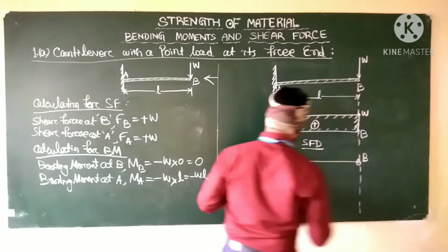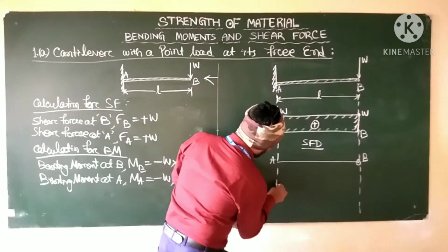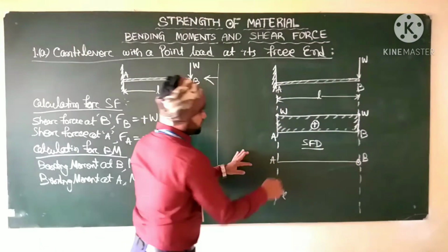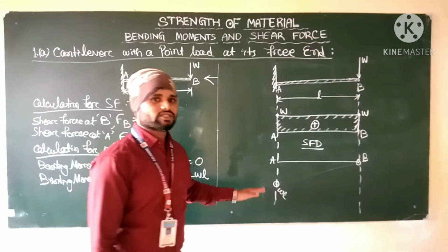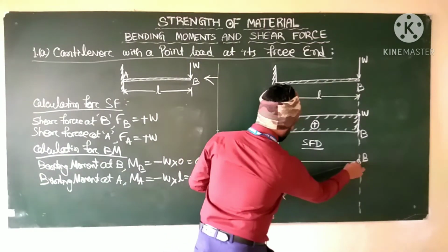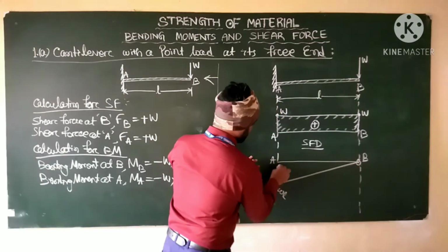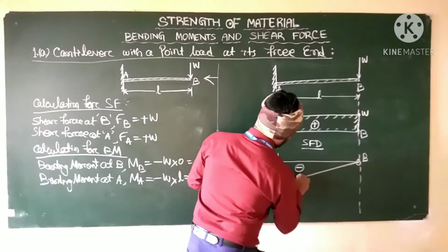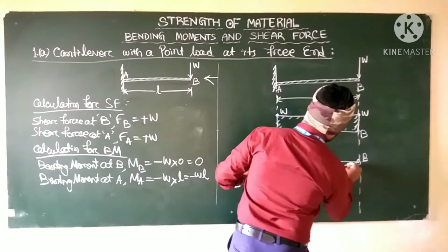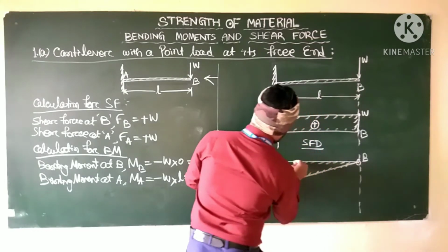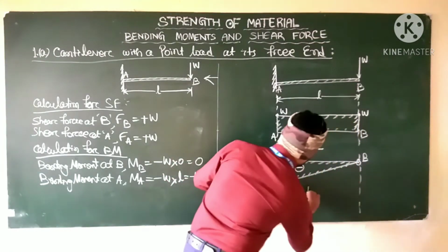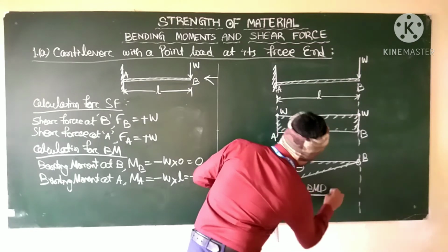Minus W into L. That means somewhere W into L. So what is the line joining? An inclined straight line. This is negative. Here, this is the bending moment diagram.